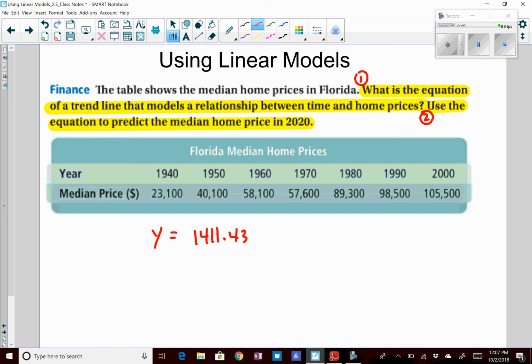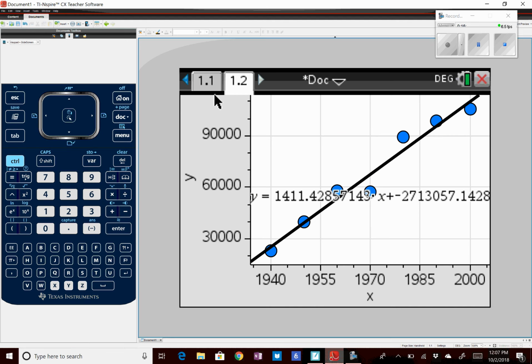I'm going to round it to the nearest 100 times x minus 2,007.3060. Okay, let's just make sure that's right. So it's minus 27, okay, so it's 057.14.